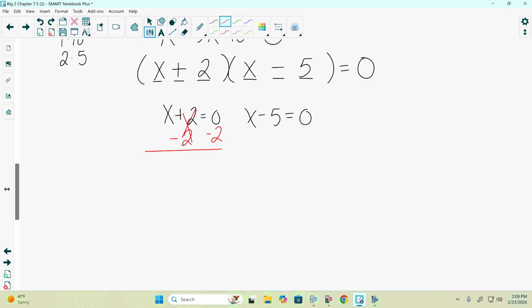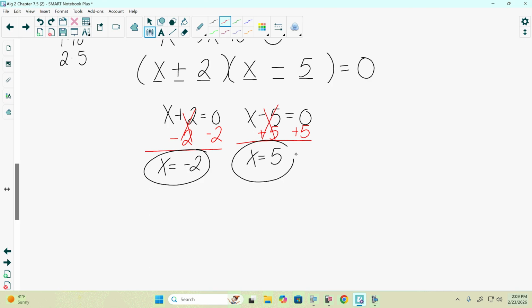For our x plus 2, we would subtract 2 from both sides, telling us that one of our solutions is -2. For our x minus 5, we would add 5 to both sides, telling us that x is equal to 5. So if x is equal to -2 or x is equal to 5, those are our two solutions.